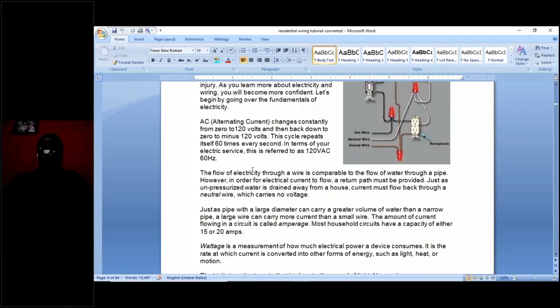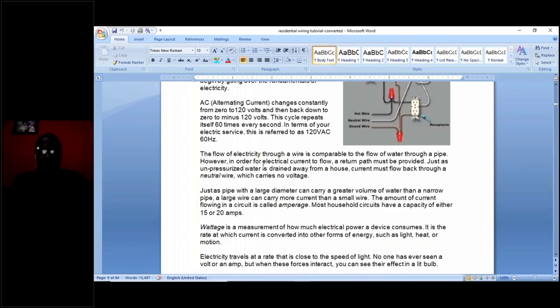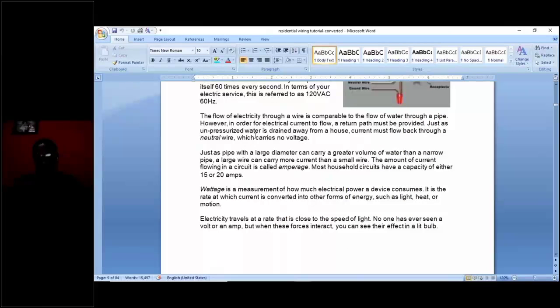In terms of your electric service, this is referred to as 120 volt AC by 60 hertz. The flow of electricity through a wire is comparable to the flow of water through a pipe, like I explained initially.